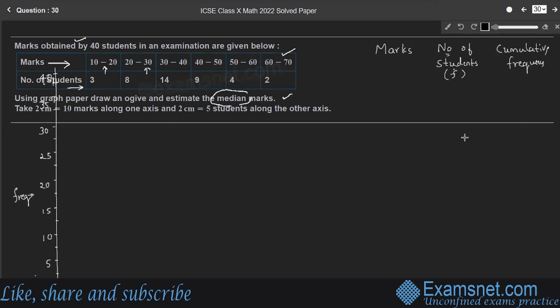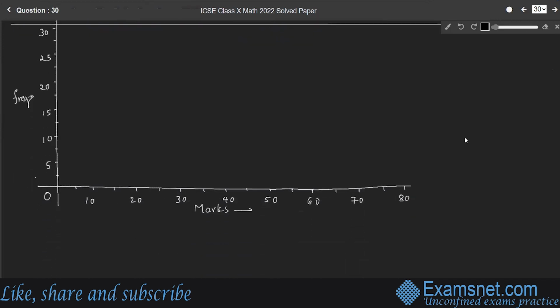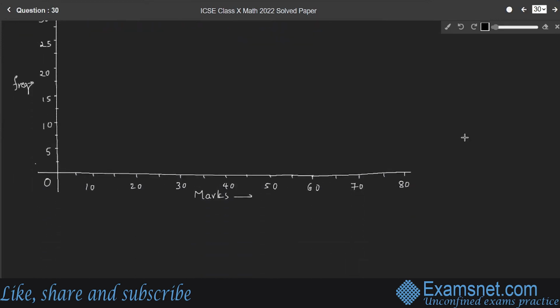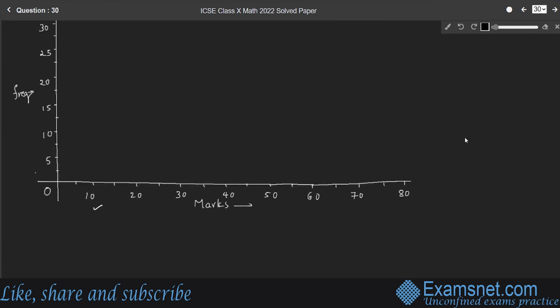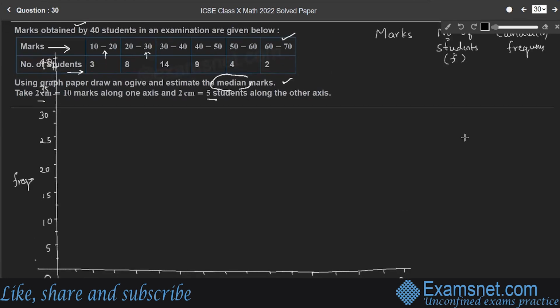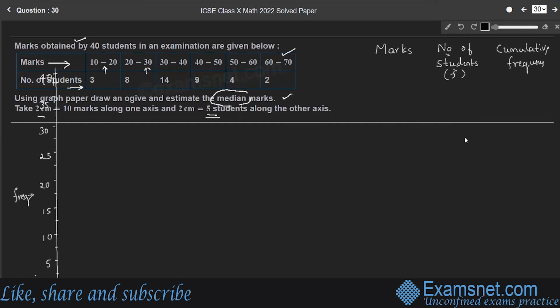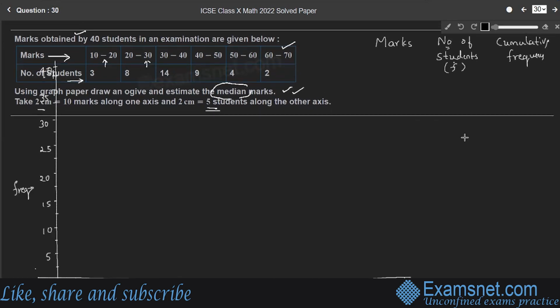Taking the scale 2 centimeter is equal to 10 marks along the x-axis, and along the y-axis 2 centimeter is equal to 5 students. Before representing this data on the graph, we'll make a table. Marks obtained are 10 to 20: 3 students.